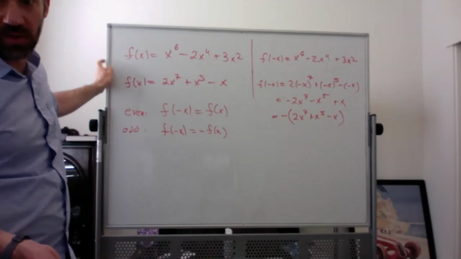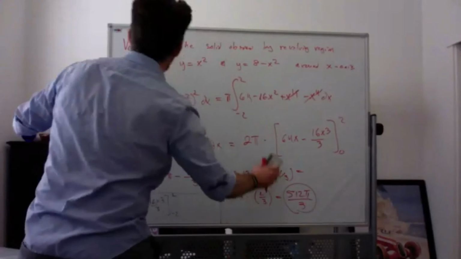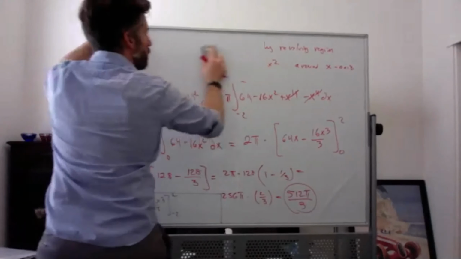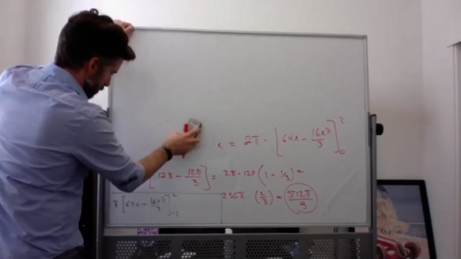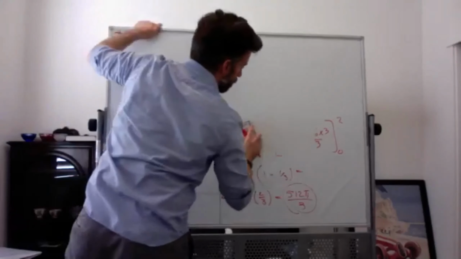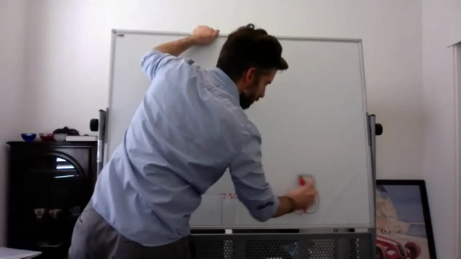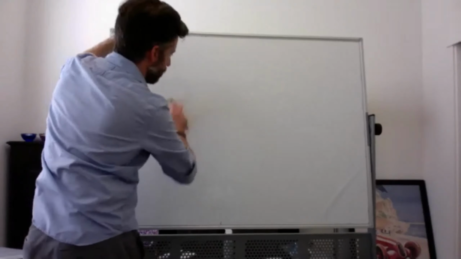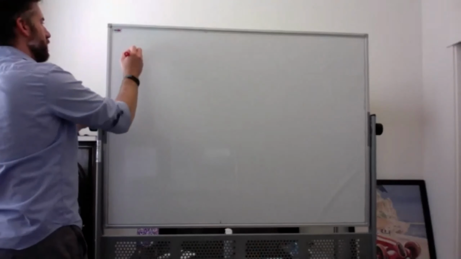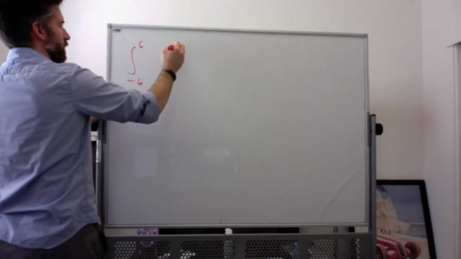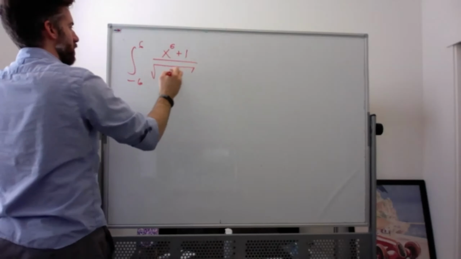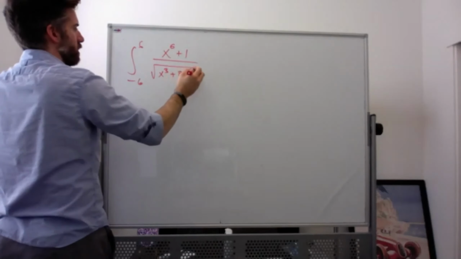So actually a good kind of question to go along with that is, what's the integral from -6 to 6 of x to the 6th plus 1 over the square root of x cubed plus 8?